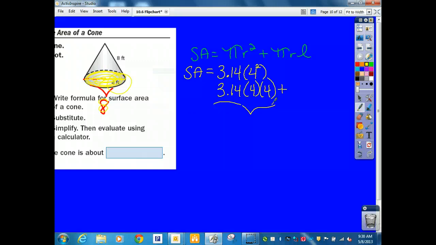I'm hearing different ones. 50.24, 50.26. Some of you are using the pi key, and some of you are putting in 3.14, right? Who used the pi key? Yours is going to be a little more accurate, and that's going to be 50.26. Who used 3.14? You guys get 50.24, don't you?